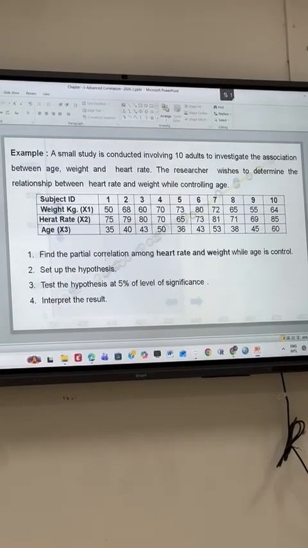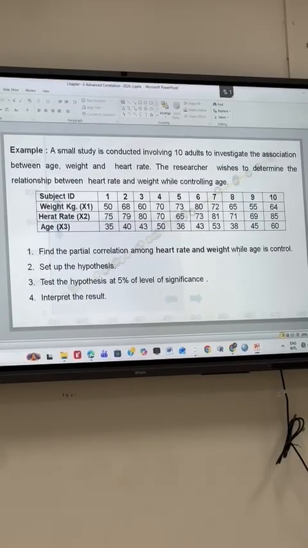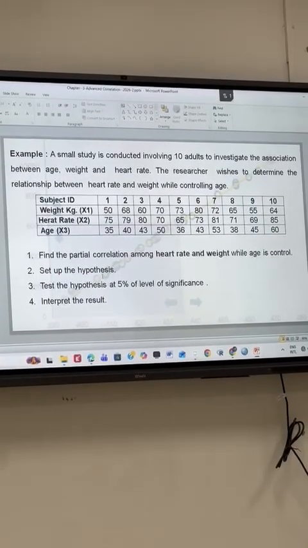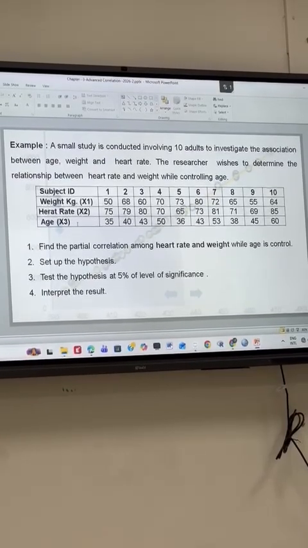What is the partial correlation coefficient between the heart rate and weight while age is controlled?